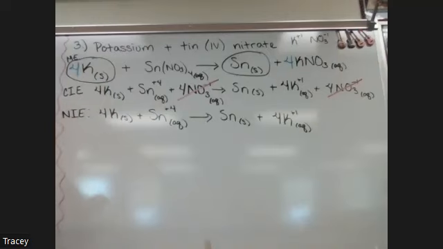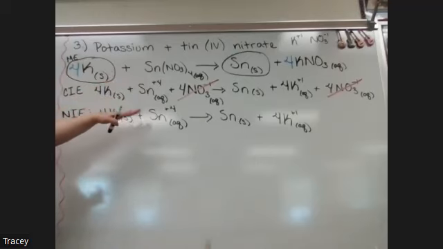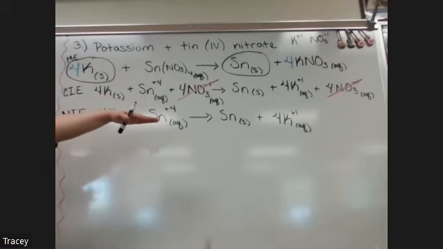For metal replacement, for reduction, you're going to have a cation going to a neutral. So for reduction, for metal replacement, you're going to have something aqueous, a cation, going to a solid neutral atom.